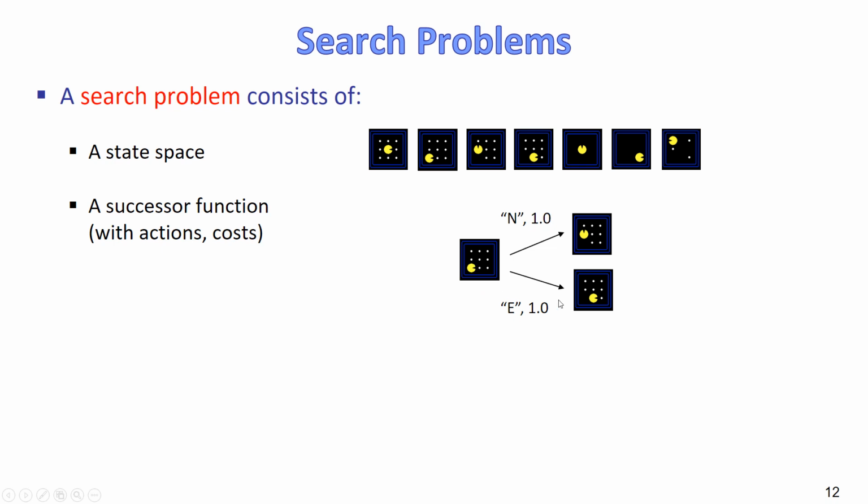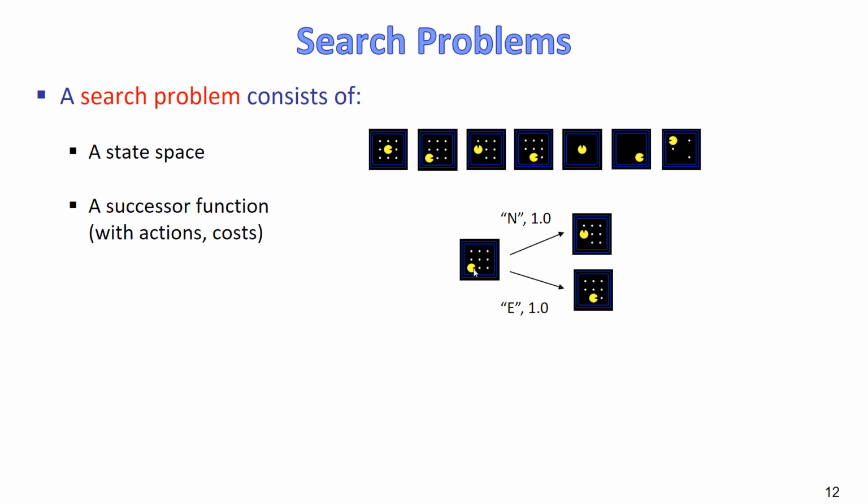If we go east, then this will be the new state, because it will eat that dot. Or it will eat the dot in the north, and that will be the new state. So again, the successor function will take one state, which is this state in this case, and provide a list of actions. Each action has a cost and has a next state.